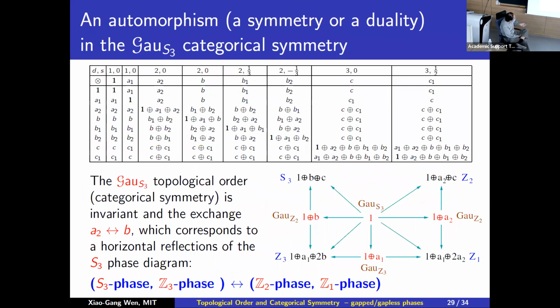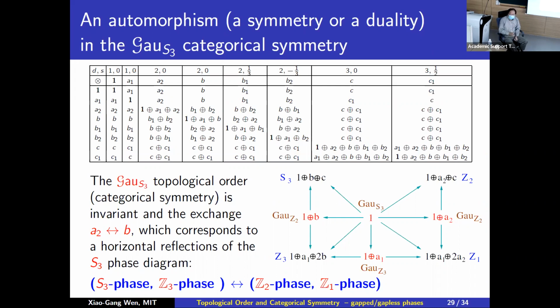Just want to say one more thing. That is, there's a duality. This A2 and B are very similar. If you look at the fusion rule, at first they have the same quantum dimension and the same spin. If you look at the fusion rule, this N_ijk, this is a fusion rule table. This fusion rule table is invariant under A2 and B exchange. So this is like an EM exchange. This is like a duality.